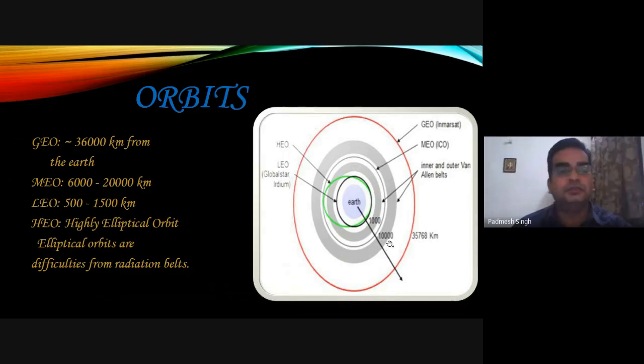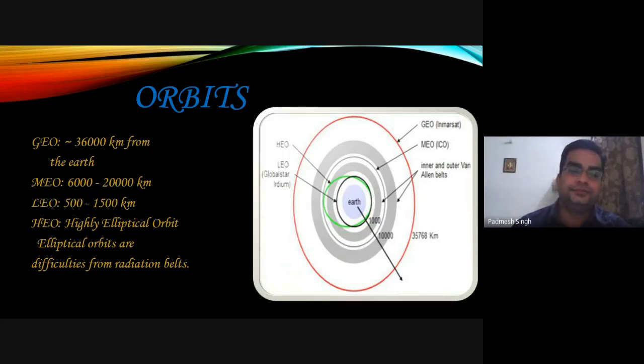The next slide. Now there is the medium Earth orbit, whose distance from the Earth is nearly 6,000 to 20,000 kilometers.